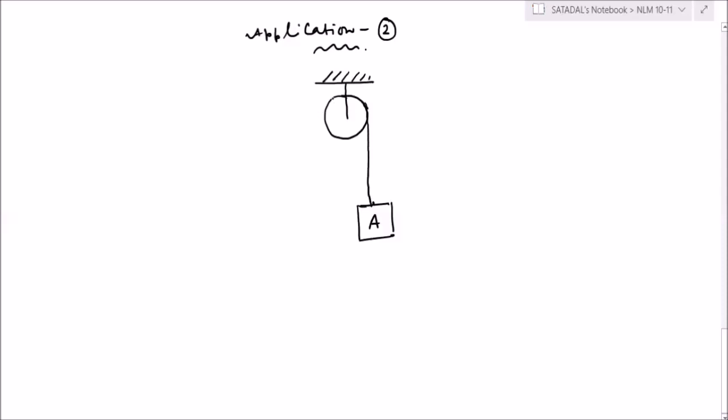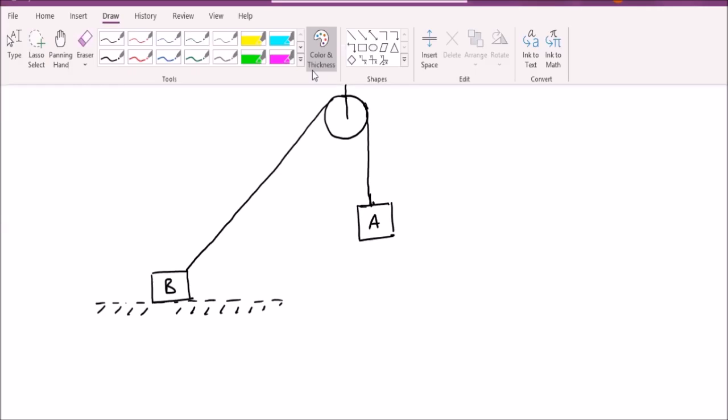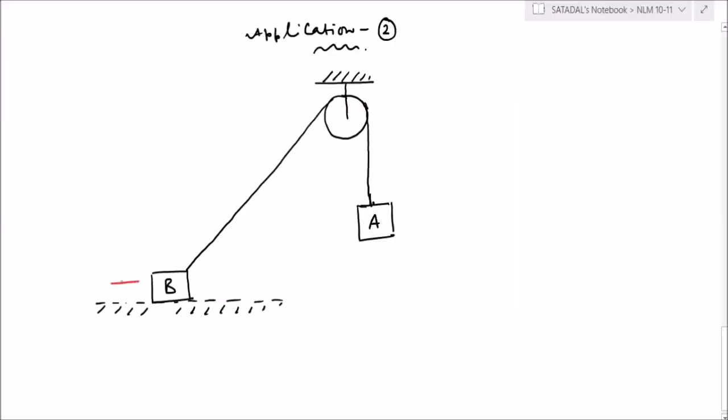Now the other side of the pulley, the rope is connected like this. Let us say this is B. This is kept on the ground. Now, as per the demand of the question, B is moving in that direction with VB and A is getting lifted up in this direction with VA.